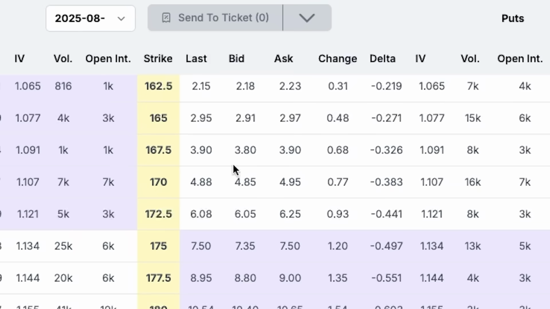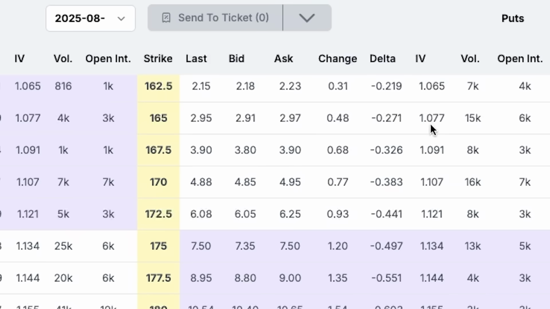On my option chain in Tradier, it's listed right up here, IV, so you can get a good sense for the elevated IV. And if I look at that 165 strike, that's a 0.27 delta, and the IV is 1.07. So that's really high. So I'm going to compare that. That's a 0.271 delta. I'm going to pull up a different stock that doesn't have earnings and that's just not very exciting and show you the IV on it.